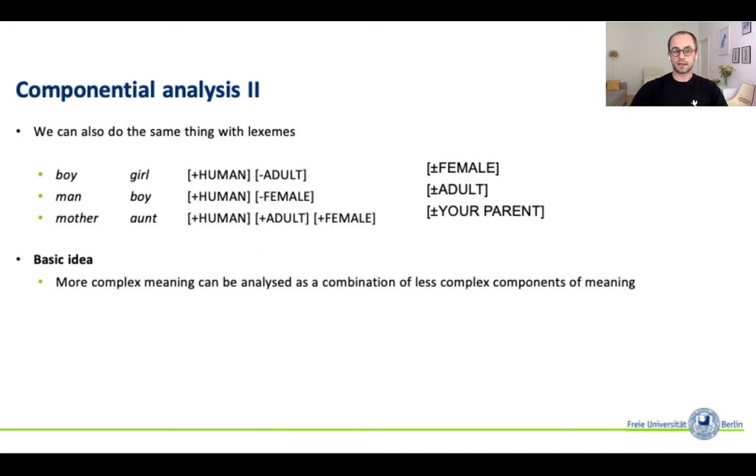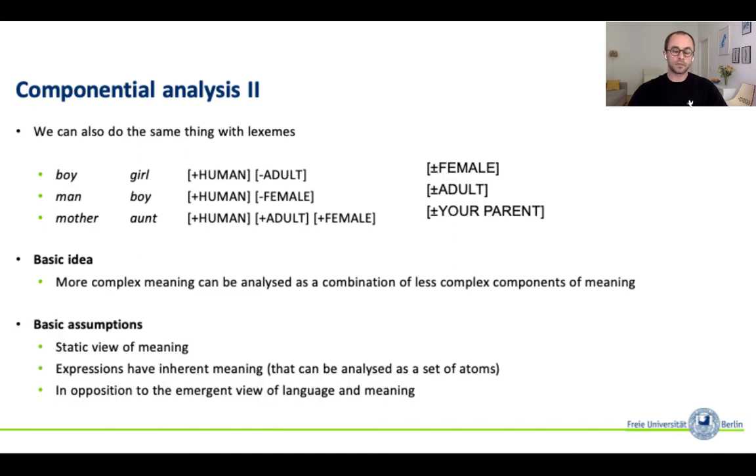So the basic idea that we have here in this componential feature-based analysis is that more complex meaning can be analyzed and reduced to a combination of less complex components of meaning. That's why it's called componential analysis. The assumptions behind this idea are, first off, that meaning is a static thing that we can describe.